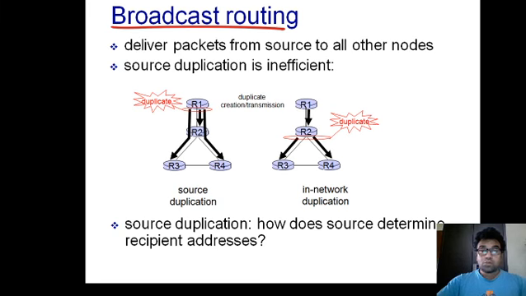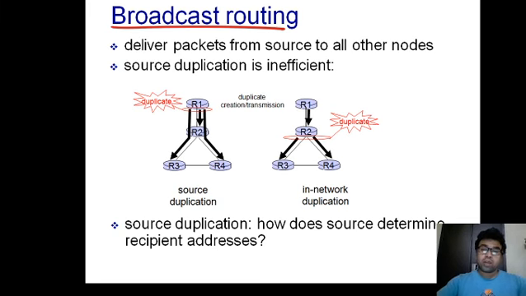Unicasting means when a node in a network transfers a particular packet or information to a particular destination with some IP address which is dedicated to that destination, and routing that information to that destination is called unicasting.